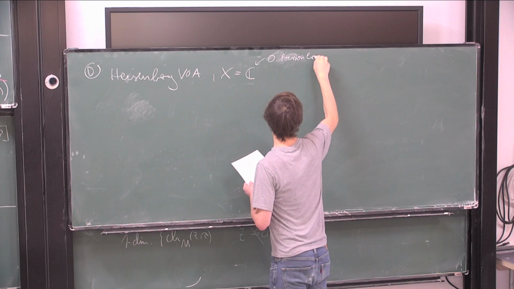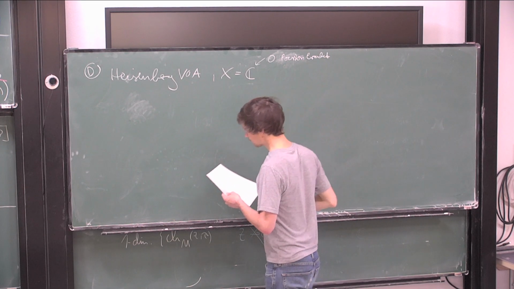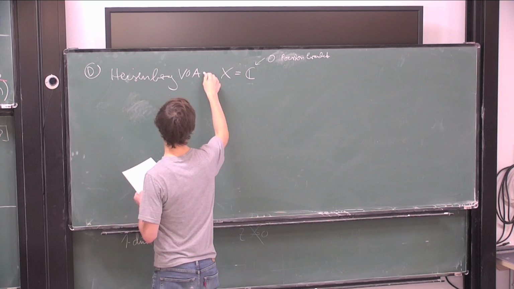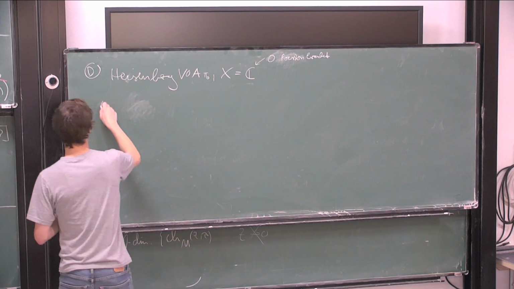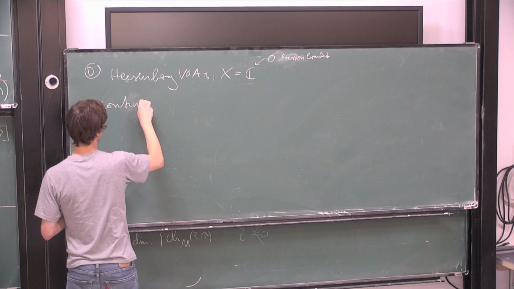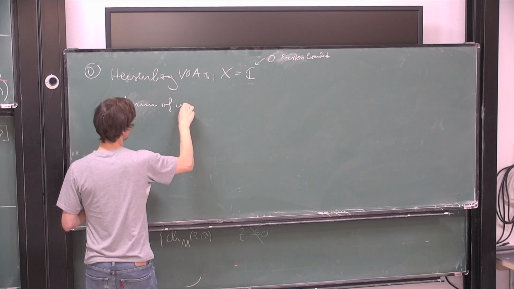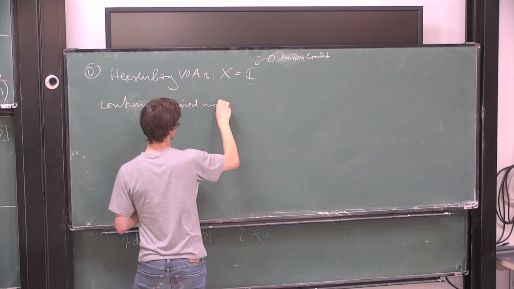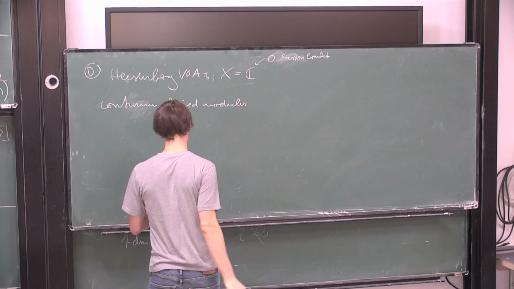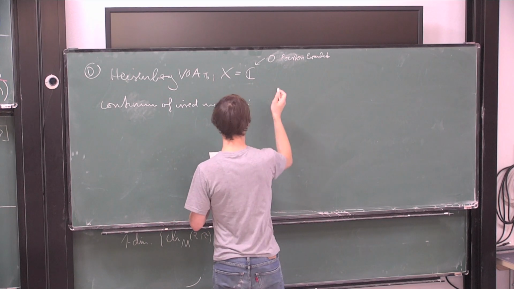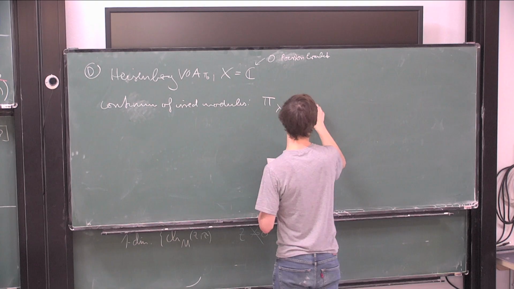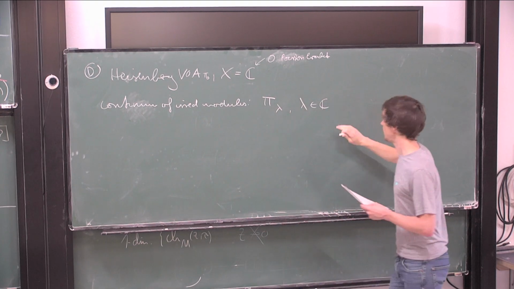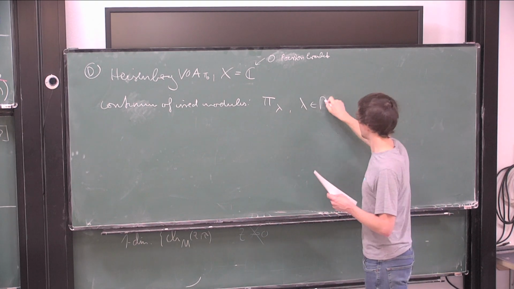Okay, so in that sense this is very badly behaved, and I want to call this Heisenberg VOA pi 0, and it has a continuum of irreducible modules. They're called Fock modules, and they're indexed by lambda, where you could take any complex number, but let's restrict to real numbers.